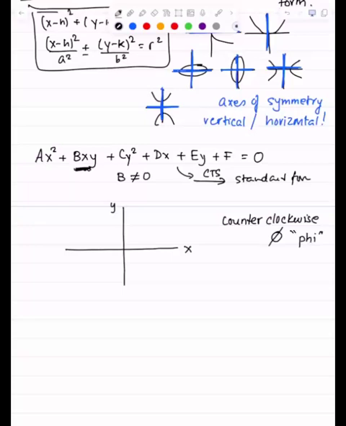Not theta, we'll use theta elsewhere. If I turn the axes by a certain angle, this is my new x, with a little dash up top, which I can read as x prime. So there's x prime and y prime. These are my new axes. I've rotated x and y by an angle of phi, and we have these new axes.